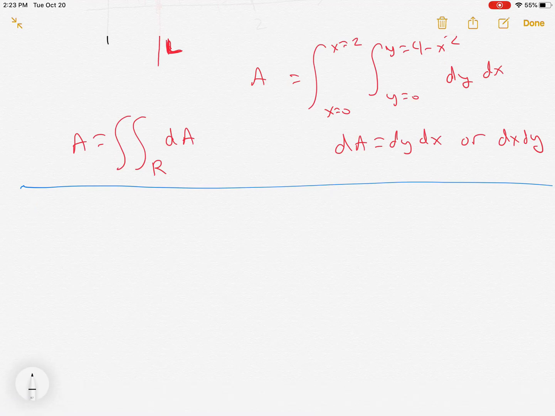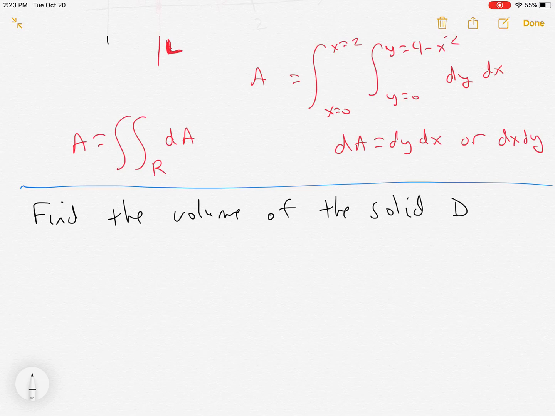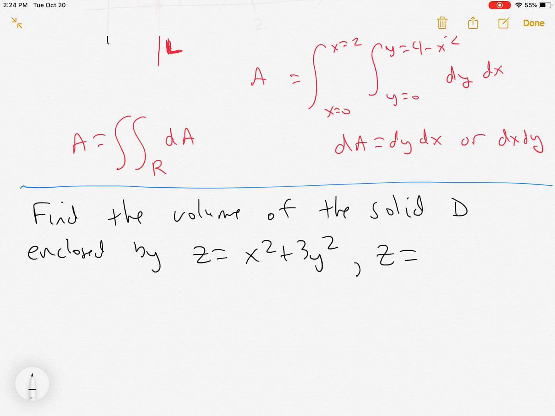Okay. So let's find the volume of the solid D. Where it is enclosed by the surfaces z equals x squared plus 3y squared, and z equals 8 minus x squared minus y squared.